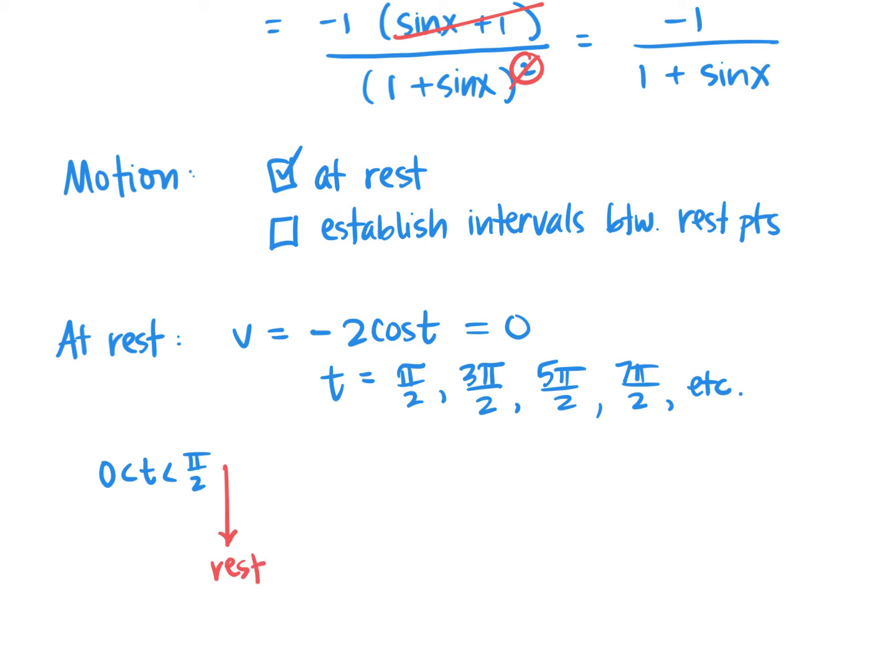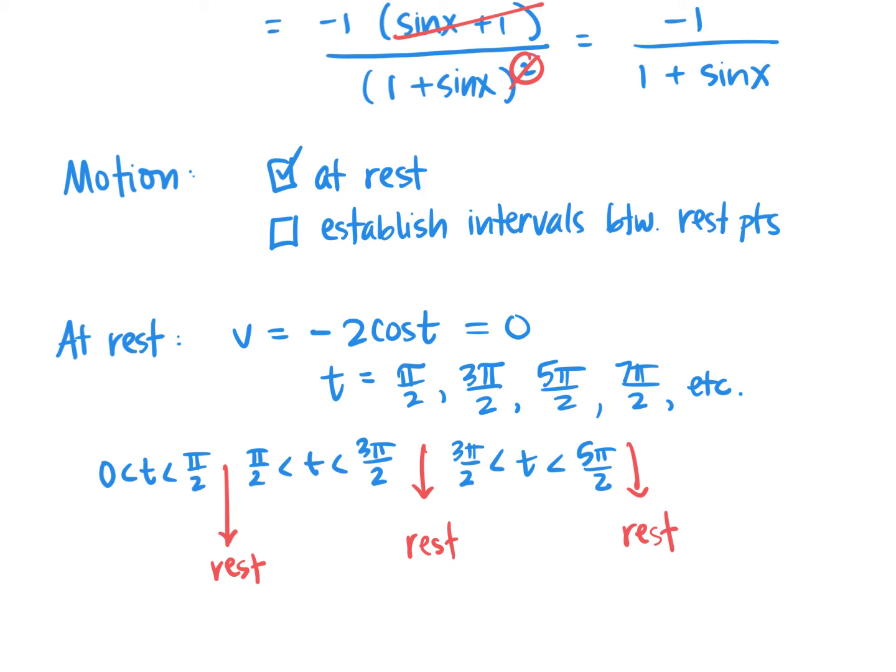And then it's going to be between pi halves and 3 pi halves. And then it's going to be at rest again. And then it's going to do something else between 3 pi halves and 5 pi halves. And then it'll be at rest. And then we just have this same ongoing pattern over and over again.